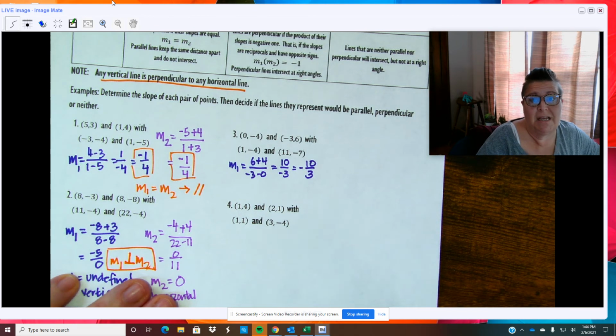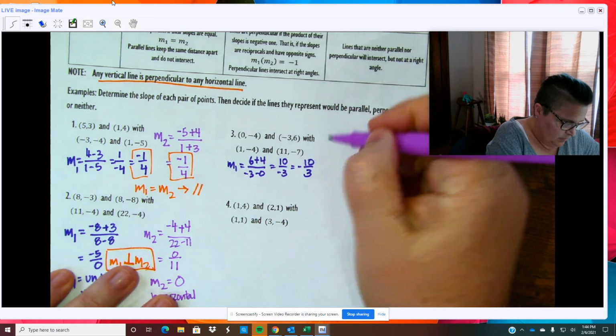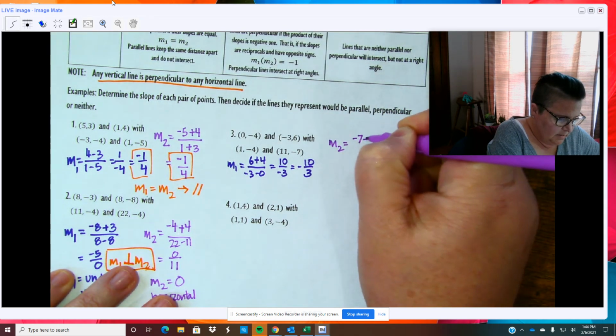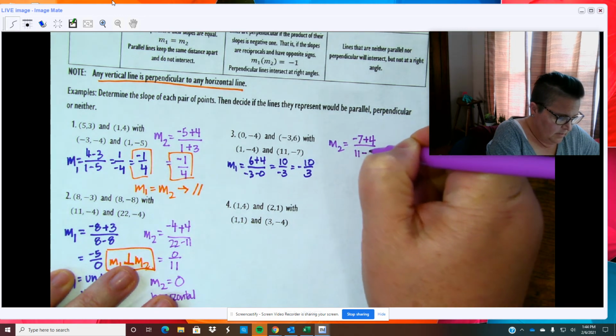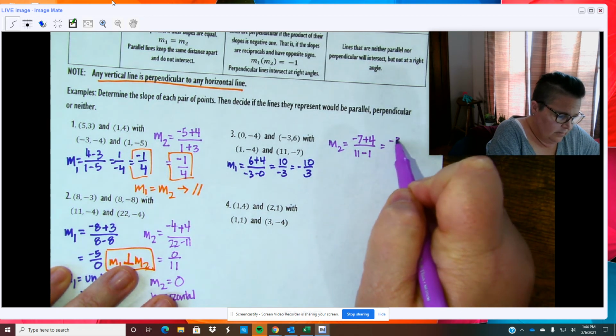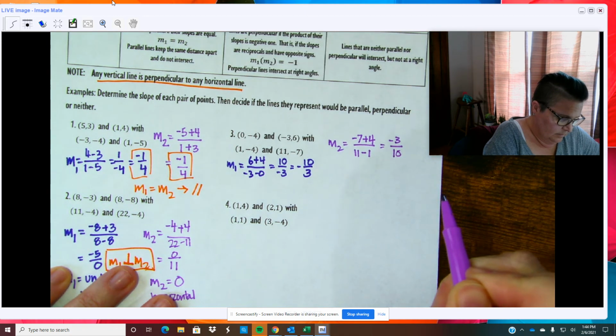It needs to stay 2 separate numbers. All right, M sub 2 would be negative 7 minus a minus 4 over 11 minus 1. That's going to be a negative 3 over 10.